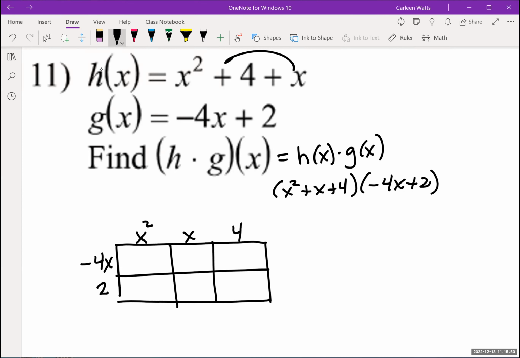Okay, work ahead of me. Fill in the box. Negative 4x cubed, negative 4x squared, negative 16x, 2x squared, 2x, and 8. What's next?